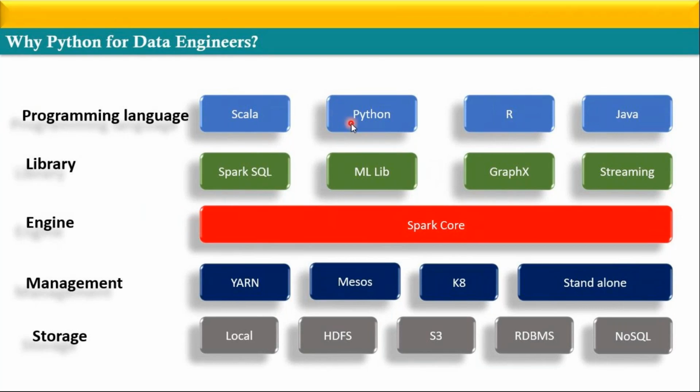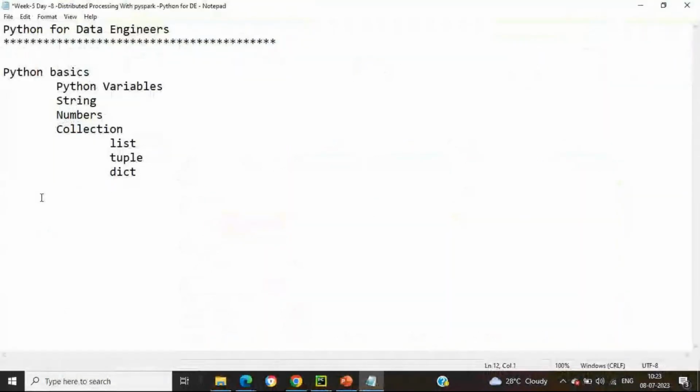We can do the coding in Python, but we are going through Python with Spark. Some people are new in this session, so that's why I'm going to cover certain basic aspects. Python is working in a monolithic way, like it can work on a single machine only, but in order to handle big data, we need to take the benefits from Spark.